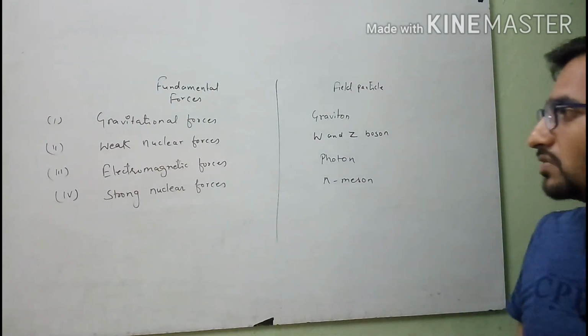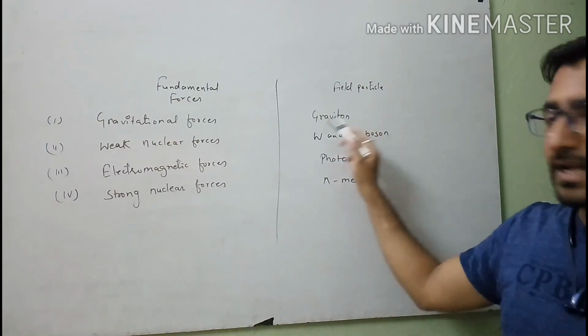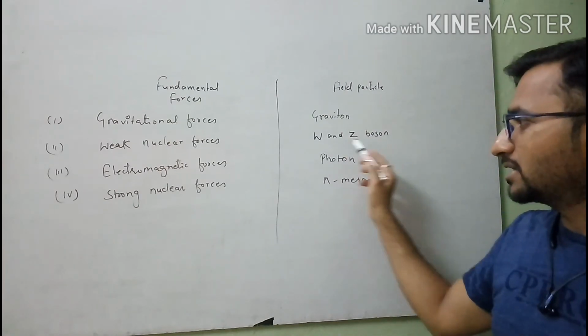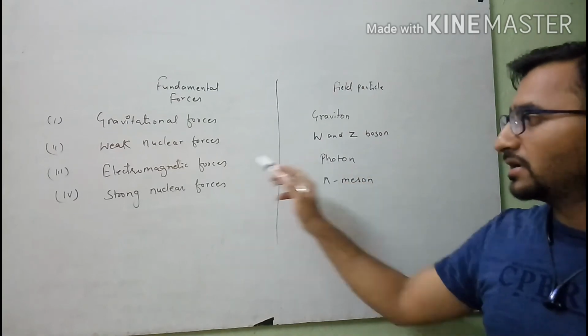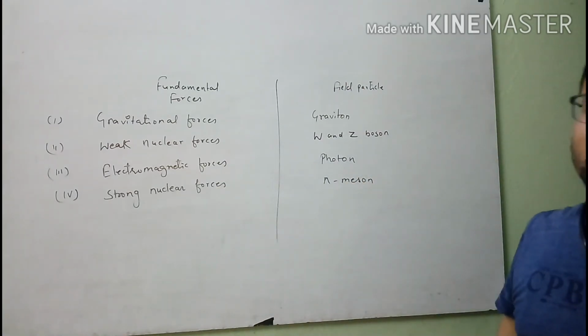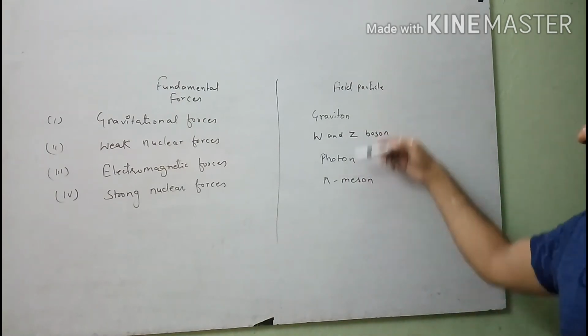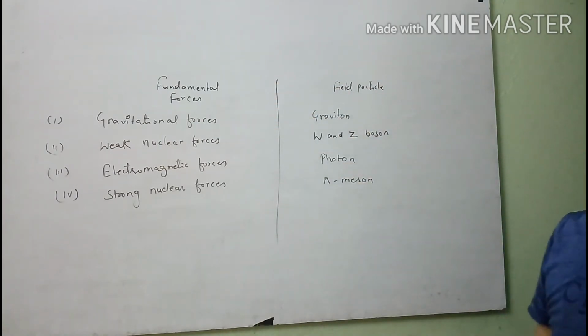Second is weak nuclear force, the field particles are W and Z bosons, which are light elementary particles, and for the electromagnetic force it is photon. And next one, strong nuclear force is pi meson. So these are the field particles of their respective fundamental forces.